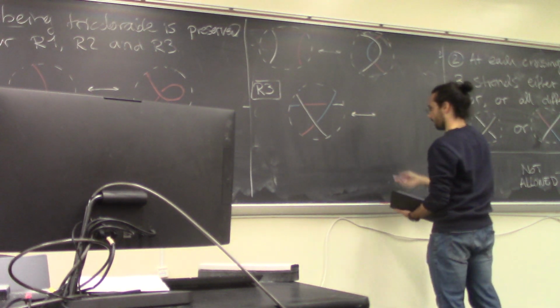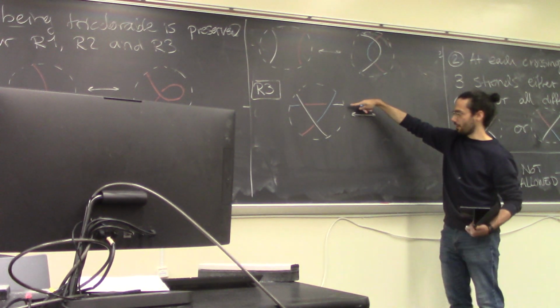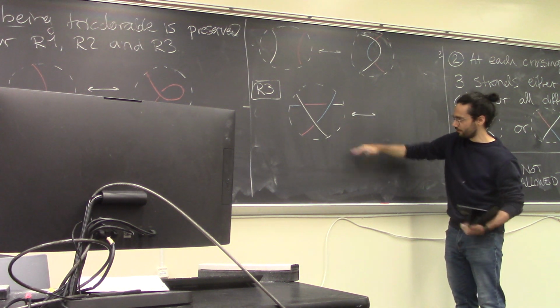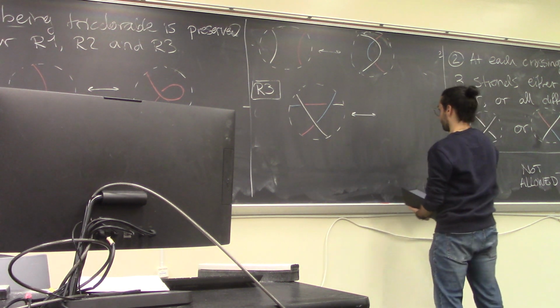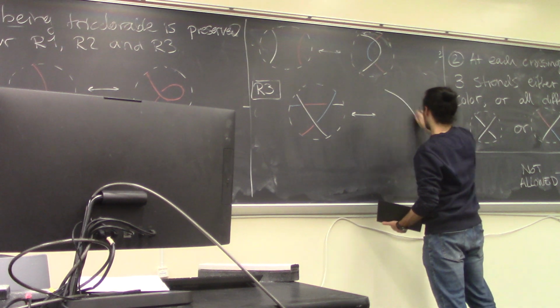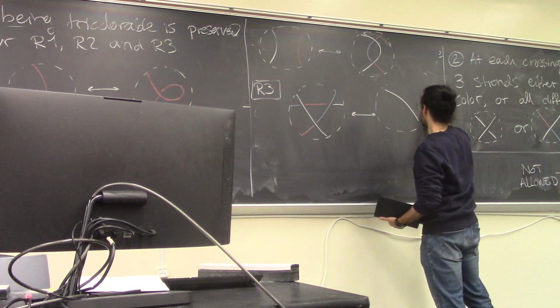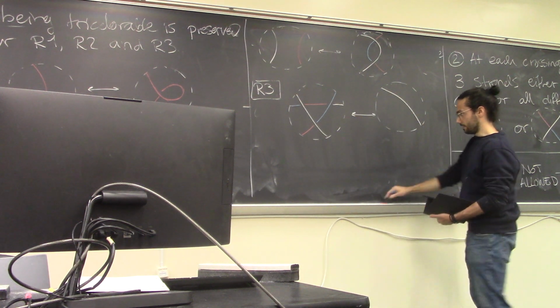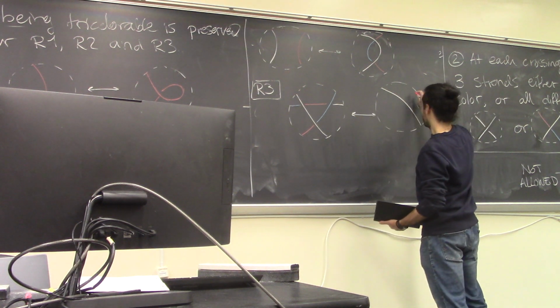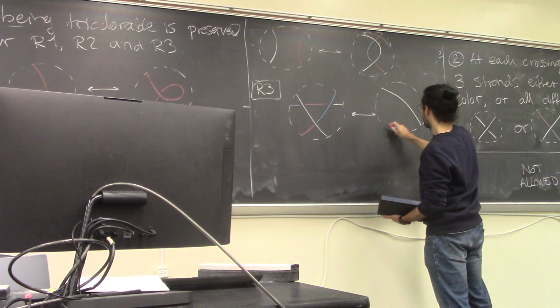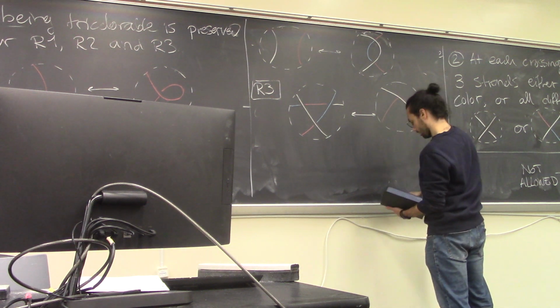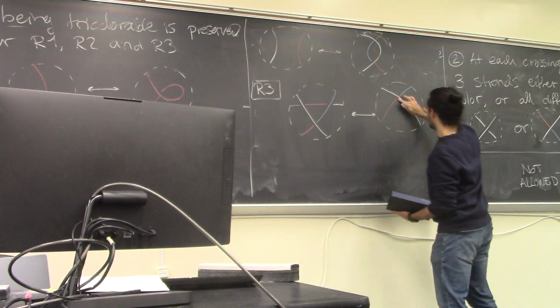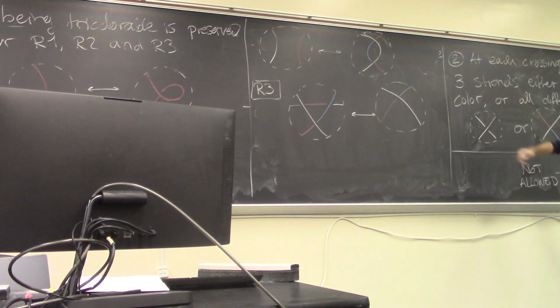Okay, and now I want to move this strand that's behind everything, and I want to move it across the crossing here. And so the white strand is at the top, and then I have this blue strand here, and then I have this horizontal one that I want to move down.